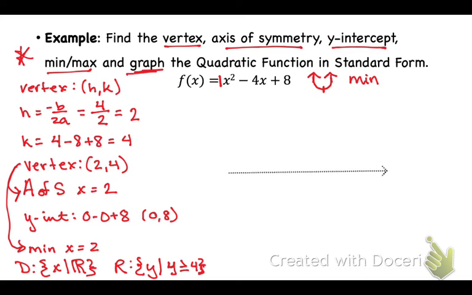So my vertex is at 2, 4. My y-intercept is at 0, 8.